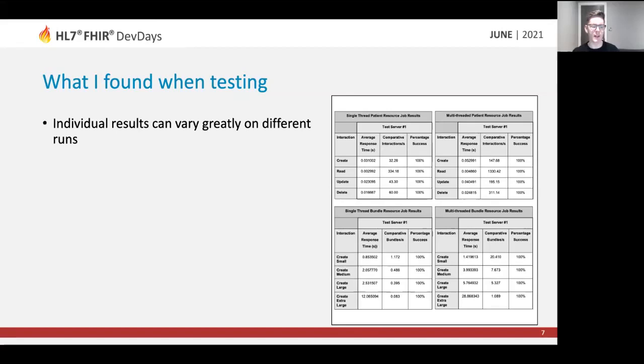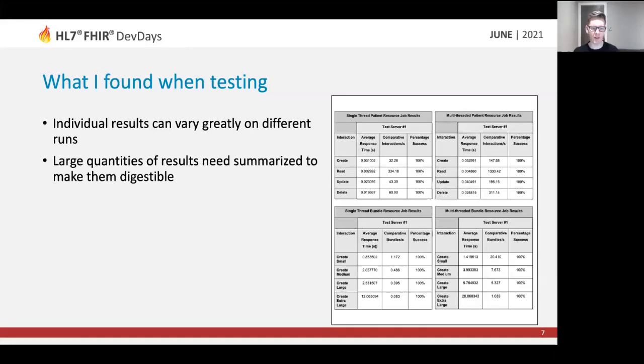So what I did spot was that individual results can vary greatly on different runs. And so it's important to then run many and average over those to try and minimize the impact of anomalous results. And with large quantities of results, you really need to summarize these to make them digestible, which is what I was doing in these summary results.